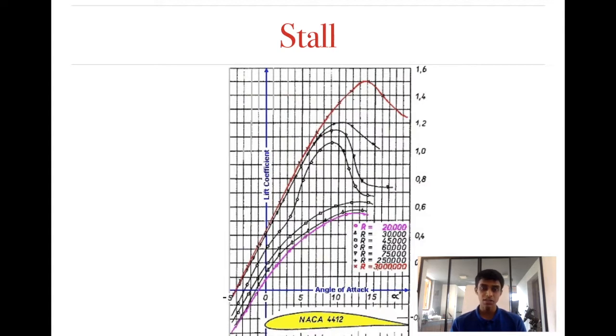The various graphs are given for various Reynolds numbers. We'll discuss that later. But for now, just think about the red color graph, okay? So here you can see that at around 14 degrees, you can get a maximum coefficient of lift, which will translate to maximum lift.